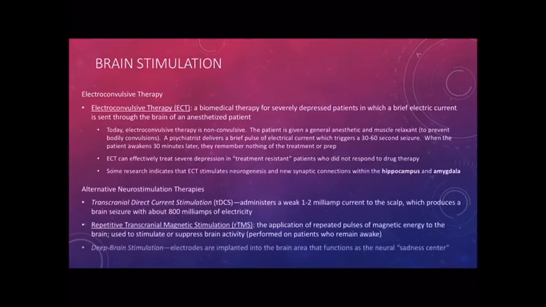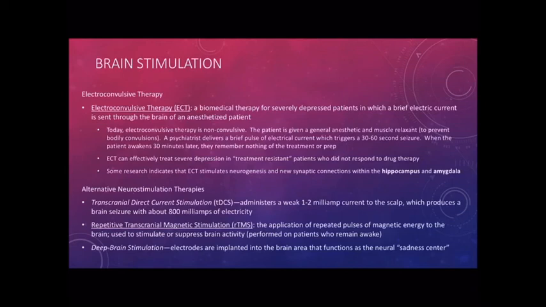And then some other neurostimulation therapies, you don't have to know these very well, but tDCS is a weak current to the scalp that produces a tiny brain seizure, whereas rTMS is repeated pulses of magnetic energy, so that's how you tell them apart. tDCS is just a current, whereas rTMS is repeated pulses of magnetic energy to stimulate or suppress brain activity.